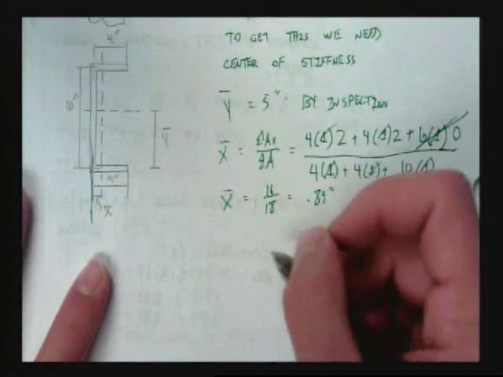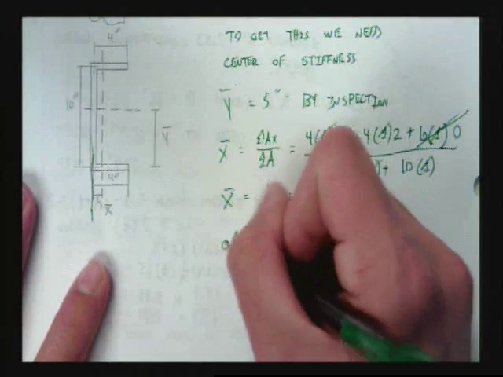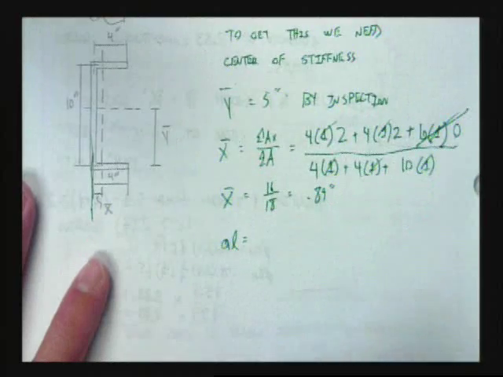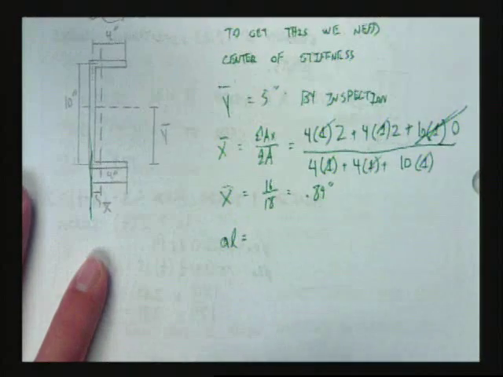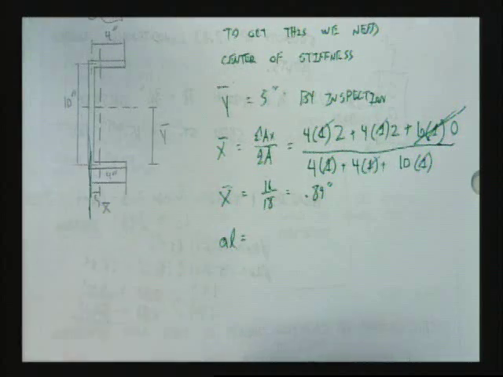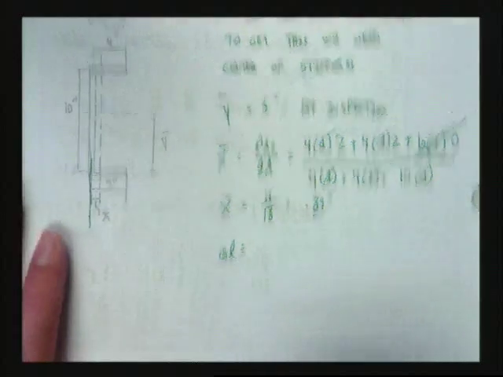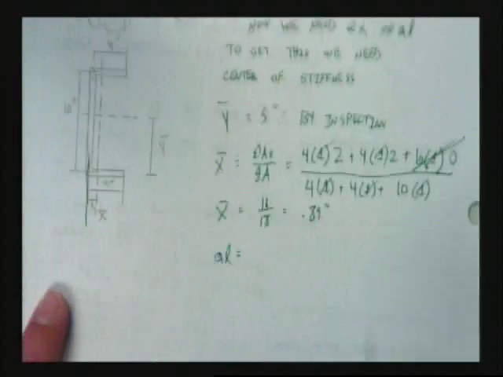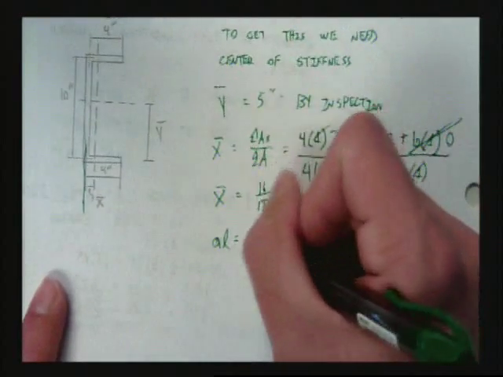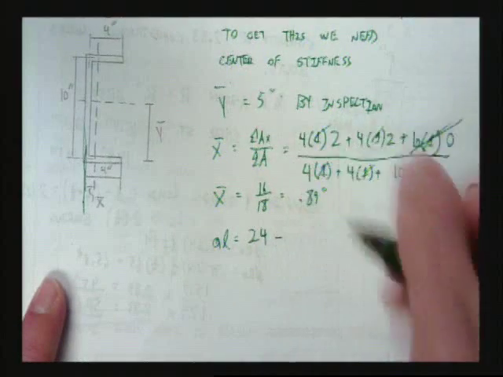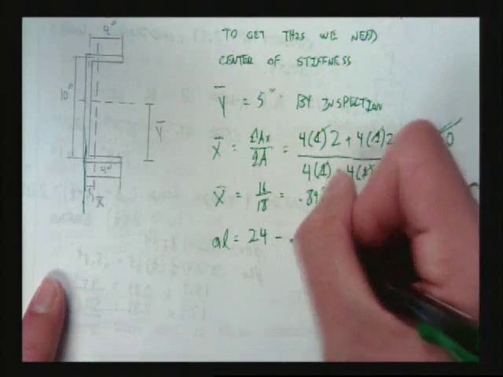So, to find my AL, how do I find my AL? What is AL? 24 minus 16. That's exactly right. 24 inches minus the distance to my centroid, which is 0.89.